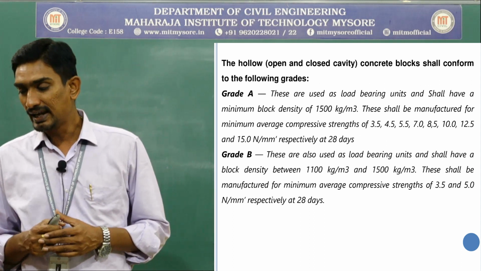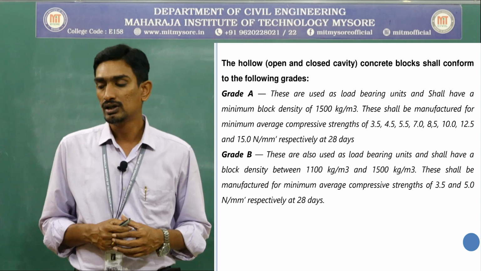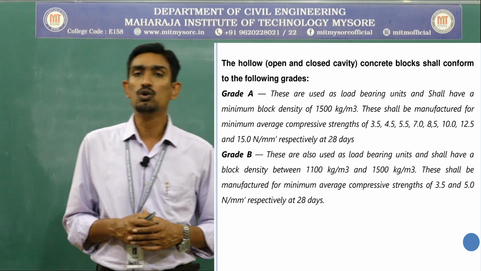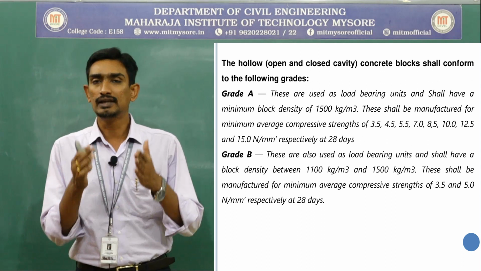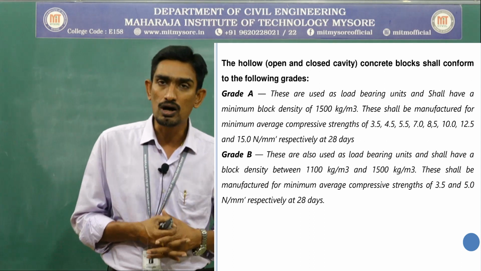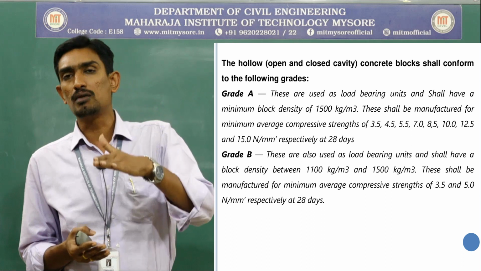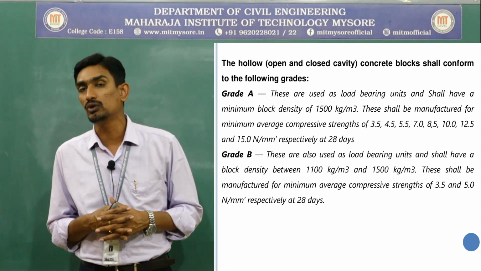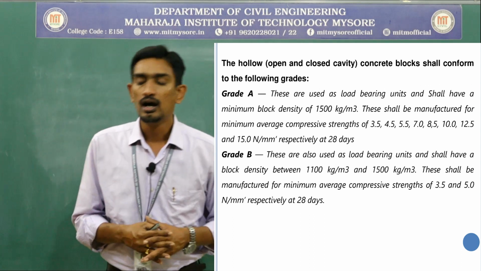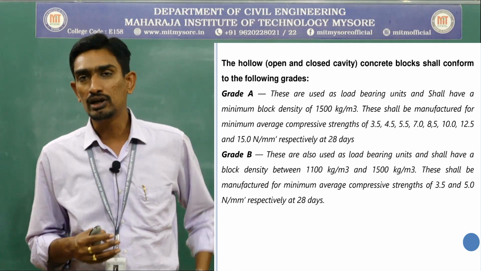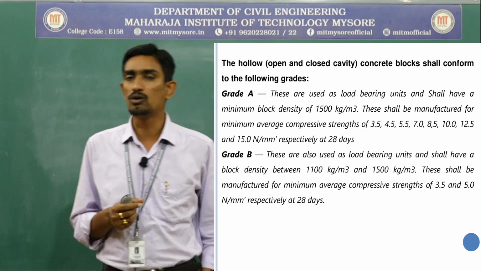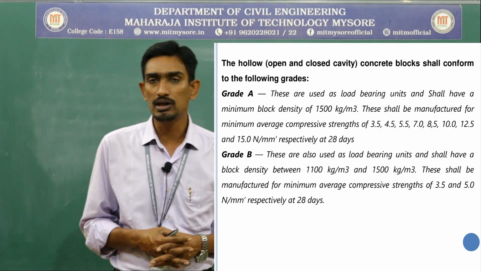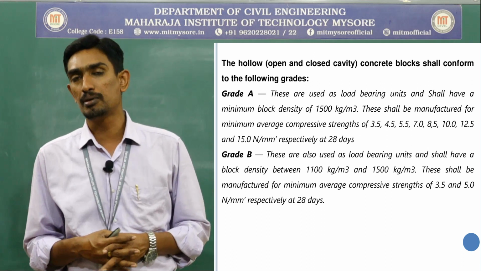Coming to the grade B blocks, the grade B blocks are also used as load bearing. Load bearing units bear whatever load comes on the concrete block. Grade B load bearing blocks have a density of 1100 to 1500 kg per meter cube.